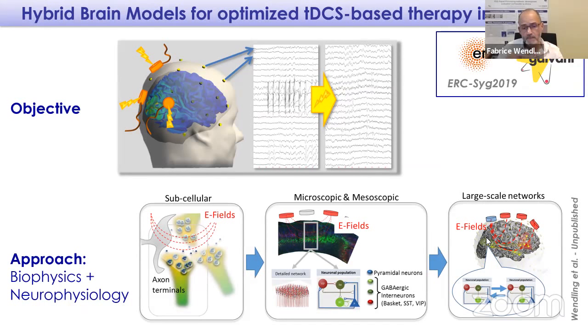And this is particularly important in the context of epilepsy, especially for those drug-resistant epilepsies that we target, which very often involve large-scale brain epileptogenic networks.